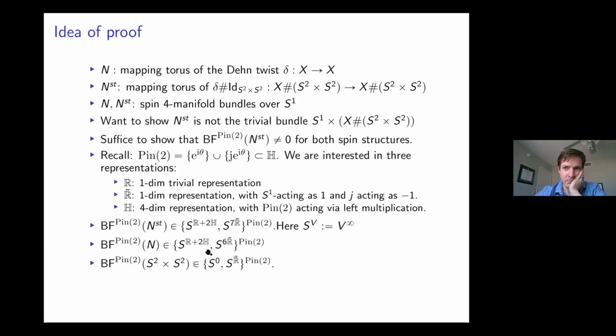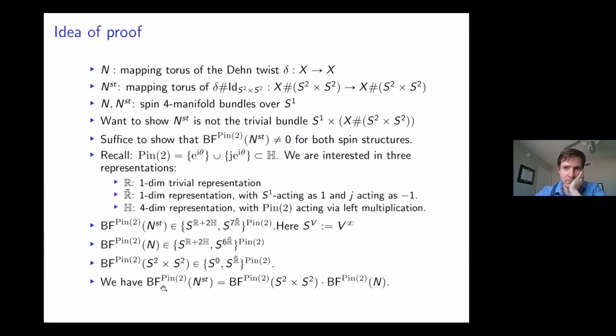So this is the Bauer-Furuta invariant for a family, but one can also just talk about it for a single four-manifold. An important example is the Bauer-Furuta invariant of S^2 × S^2. It sits inside this stable homotopy group of spheres.